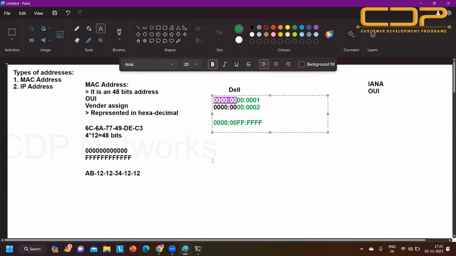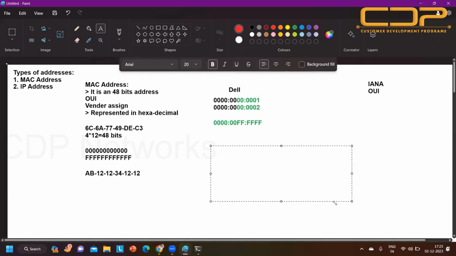Let me take an example of another company, let's say HP. HP is also going to manufacture computers, so they need MAC addresses. They will purchase an OUI from IANA. Let's say HP has purchased one OUI, that is 00:00:01. You can see this OUI and the OUI of Dell are different.